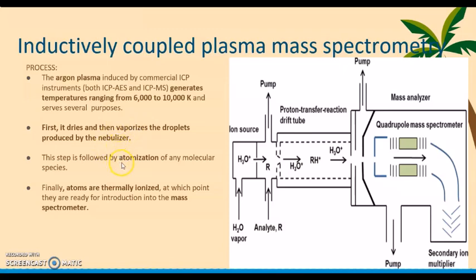And then afterwards, atomization occurs. And finally, they will become ions, kung saan po imi-measure ng ating pong instrument yung number of ions that are present based on the given element.